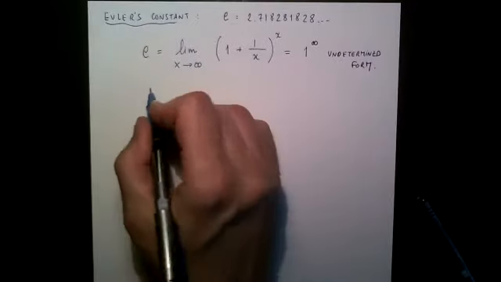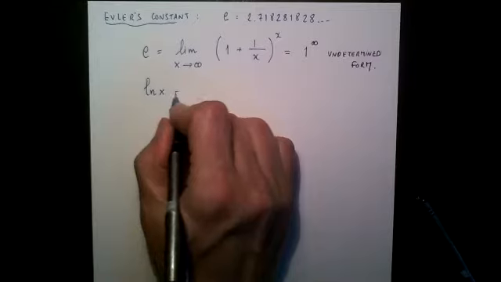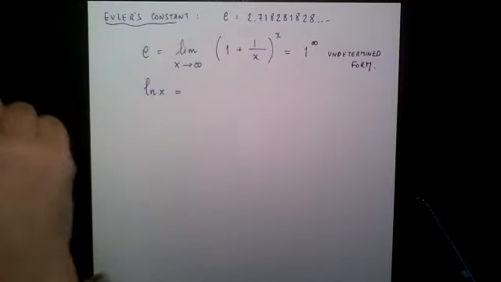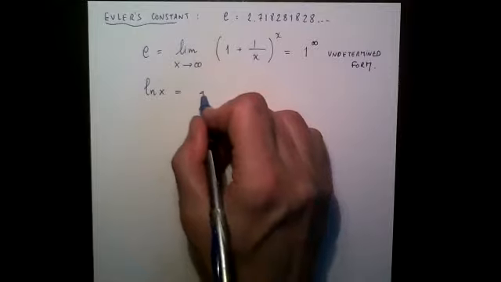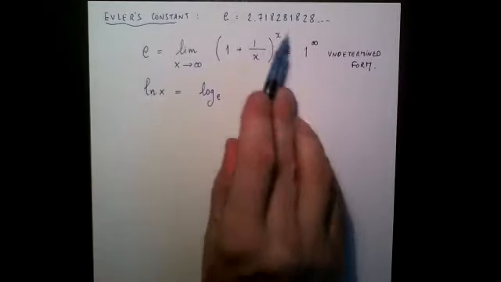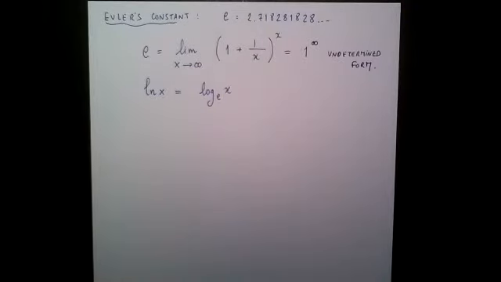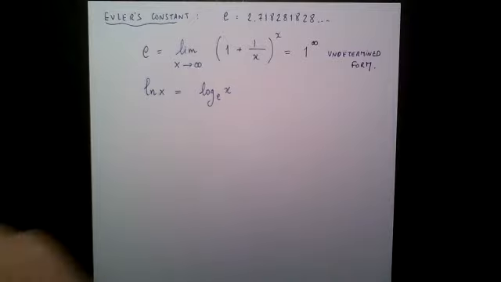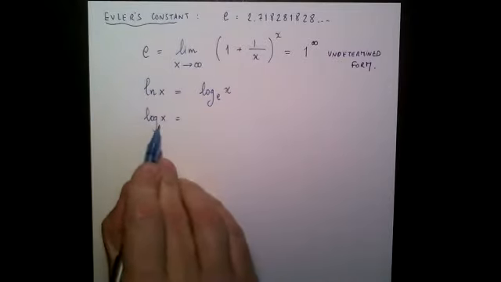Okay, another thing, ln of x. You know what ln of x is? Log base 10? Nope. It's log in base something, but not 10. Log base e. Yeah, the base is this weird number here. Log in base e of x. And then log of x, so log without anything on the bottom.